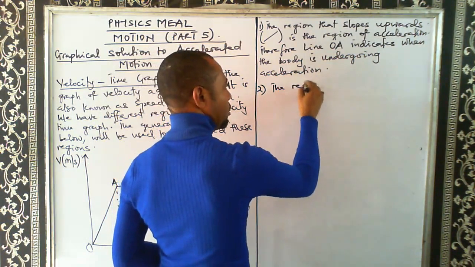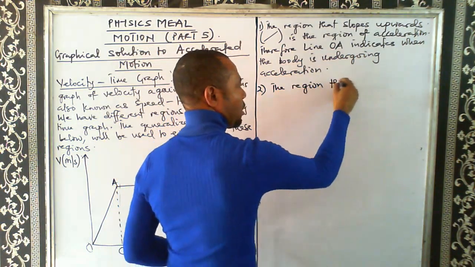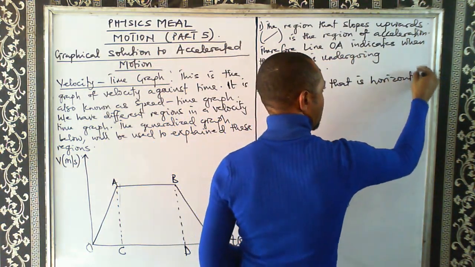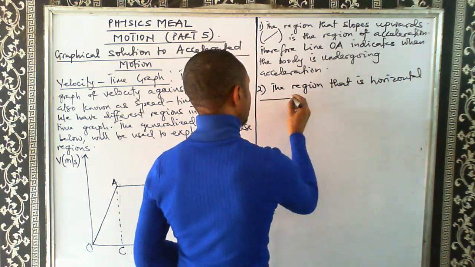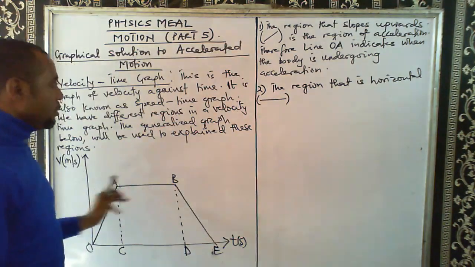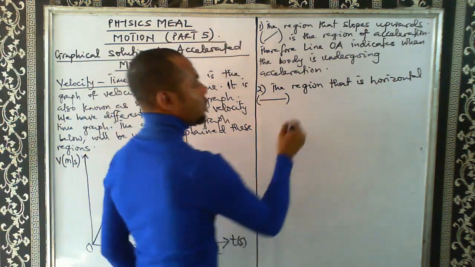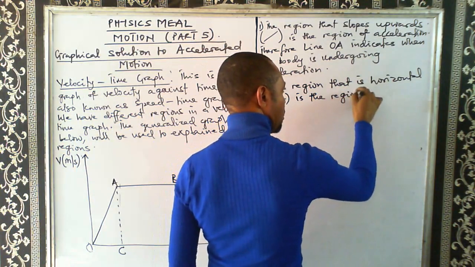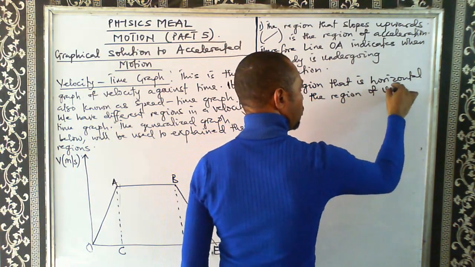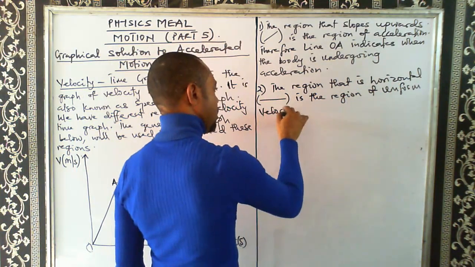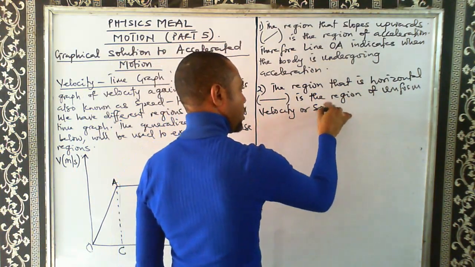Okay? Number 2. The region that is horizontal. Our horizontal region. The region like this. Talking about AB here now. Is the region of uniform velocity or speed.